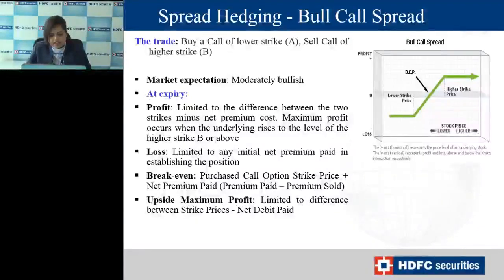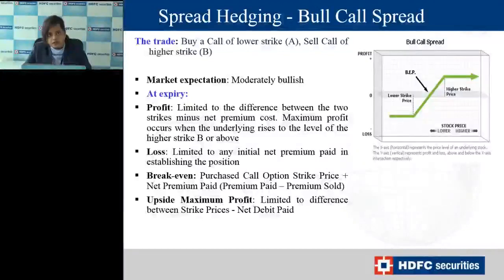Your break even is calculated as the purchased call option strike price, that is just the strike that you have bought A, plus the net premium that you have paid. Net premium paid would always be the premium paid minus the premium received. So it is your buying call option premium paid minus the selling call option premium that you have received.